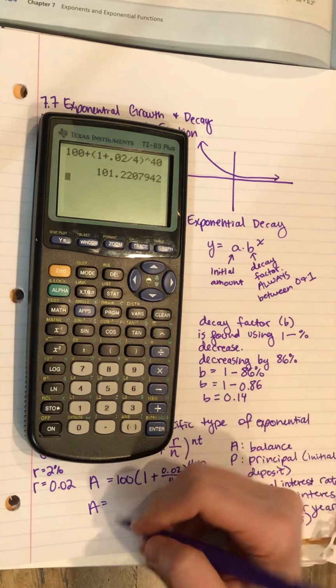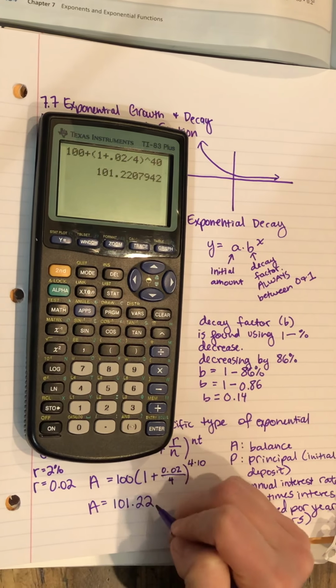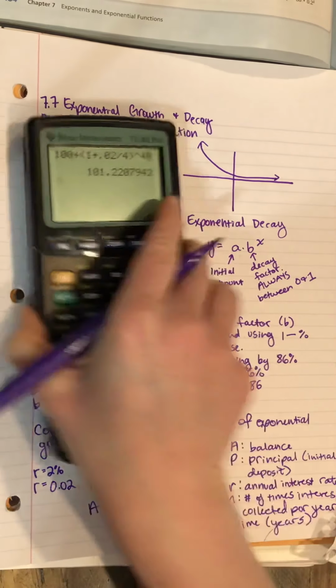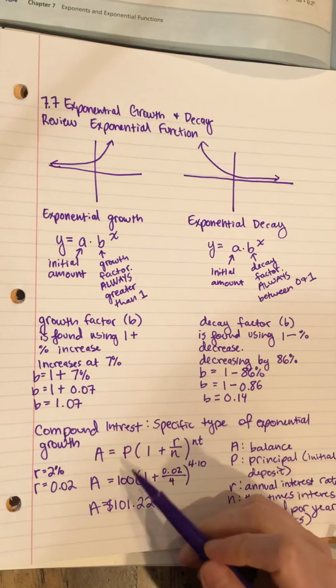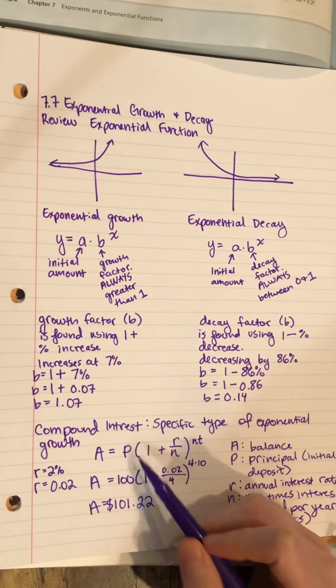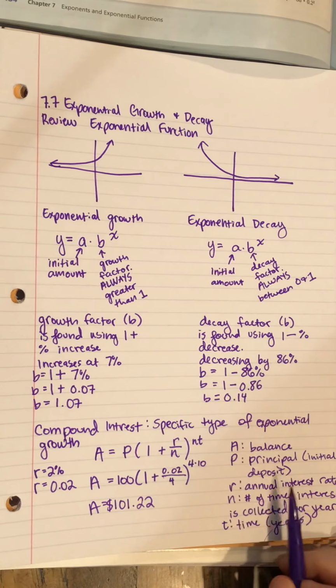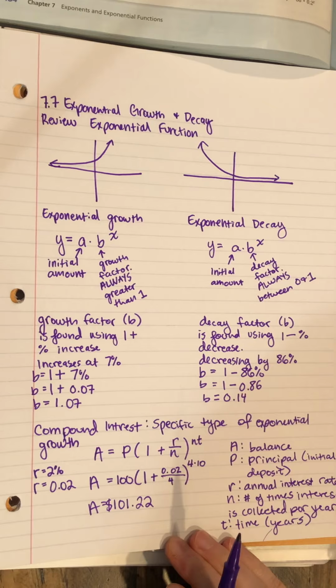And that is 101.22. Wow, you gained a whole $1.22. So, I mean, the more money that you put in to start with, the more money that you will gain. Also, the higher interest rate, the more money you'll gain, but just so you can see how that works.